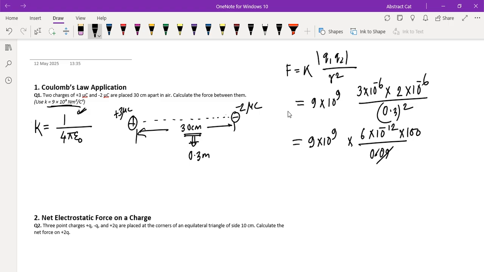So cancel 9, and otherwise you get 6 into 10 to the power 9 plus 2, that is 11, and 10 to the power minus 12. So you get 6 into 10 to the power minus 1 Newton. A direct and easy question, just an application of Coulomb's law.